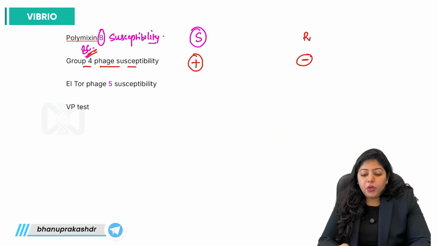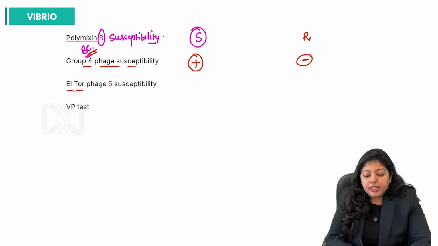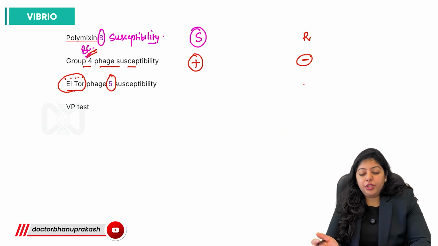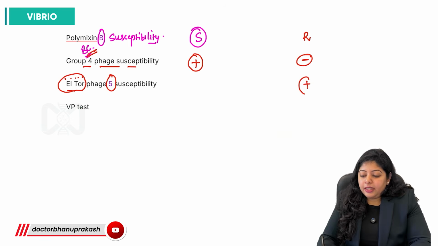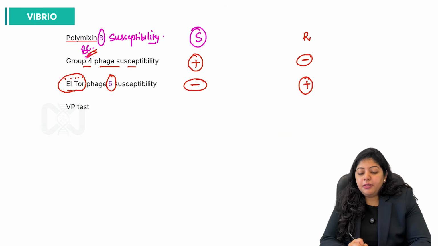Now when we say EV-phage 5 susceptibility, it already says EV and it has phage 5. So EV has 5 letters. So it would be naturally given positive by this EV, and that will not be the case with classical biotype.